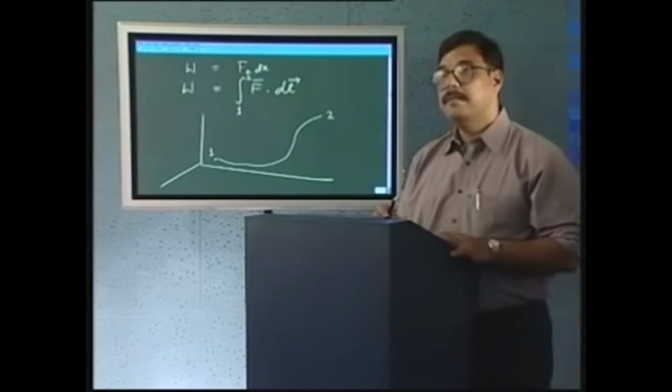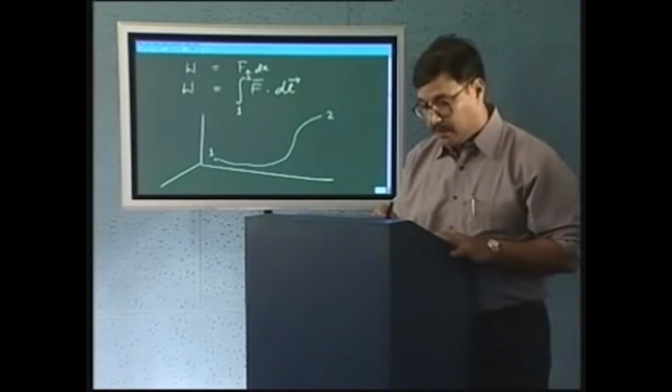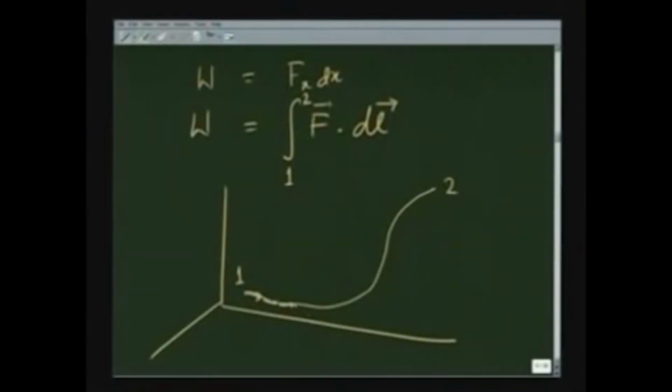I can break this path into small segments of dl each, and for each segment I calculate the work done, which is equal to the force in the direction of that segment times the length of that segment, and integrate. So, that gives me the work done by this force. Notice that I have to then know as to which path I am going over.